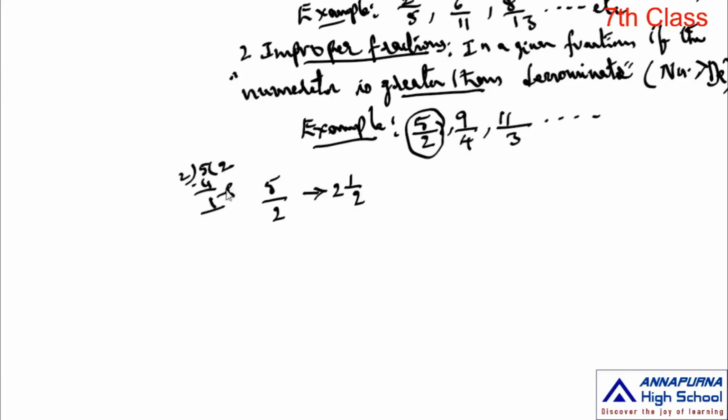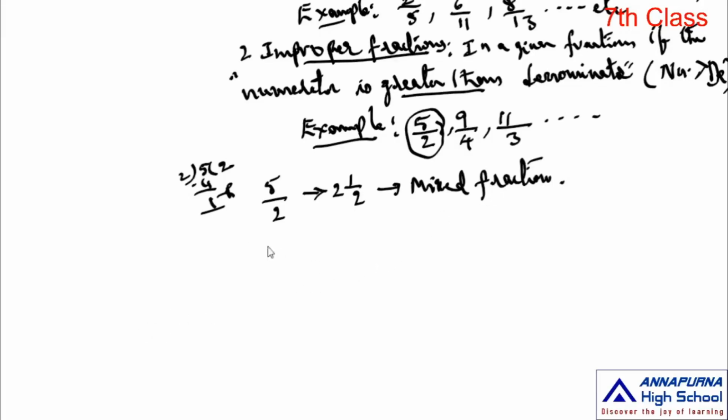So this is the remainder. We can convert this improper fraction to mixed fraction. This 2 1 by 2 is called mixed fraction. That means 5 by 2 is also written as 2 1 by 2, which is called mixed fraction.